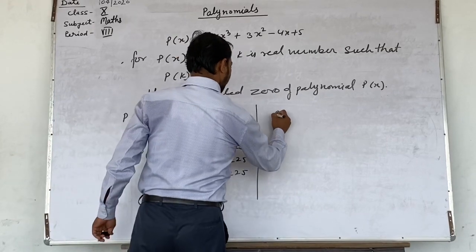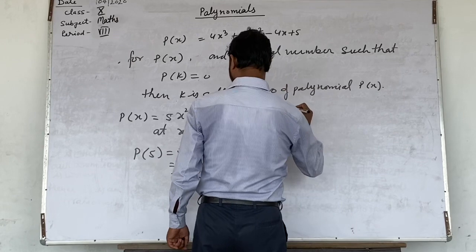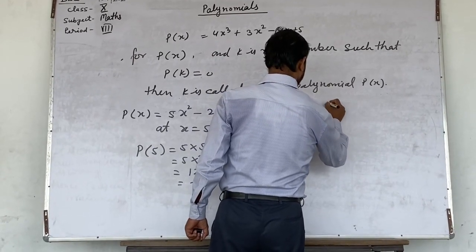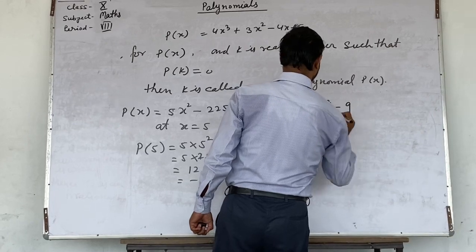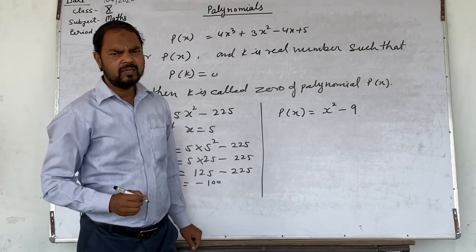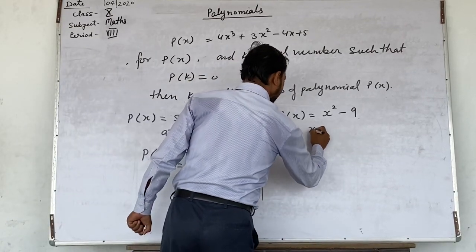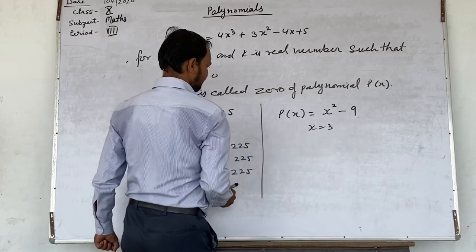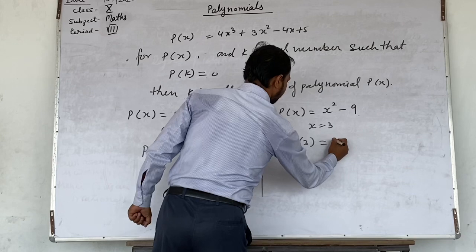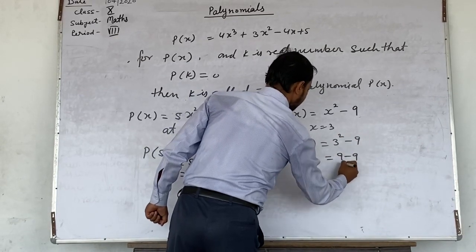p(x) equal to x square minus 9. So you can put here x equal to 3. p(3) equal to 3 square minus 9, and this will be 9 minus 9.